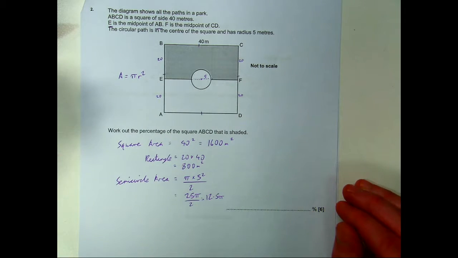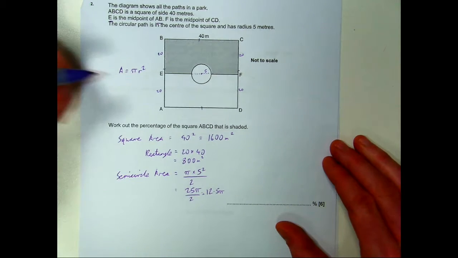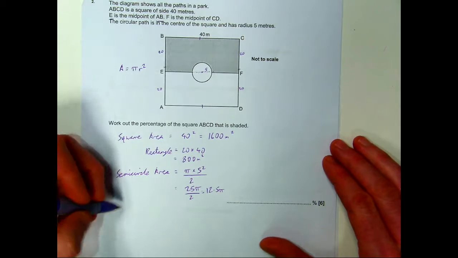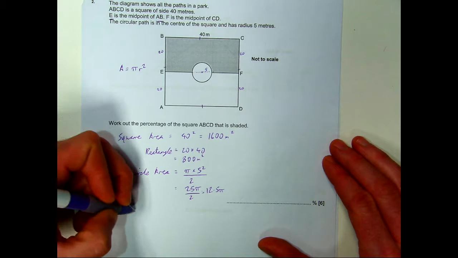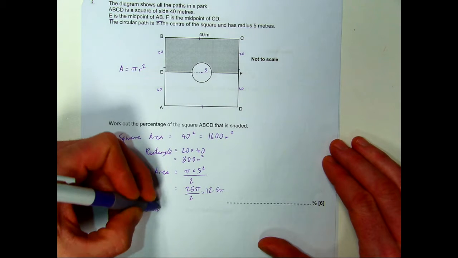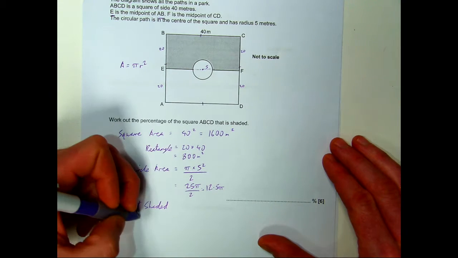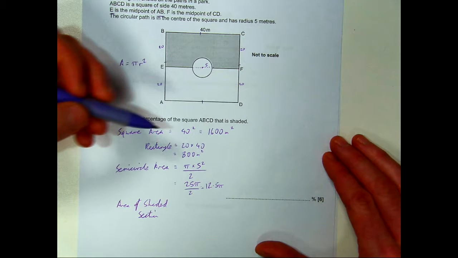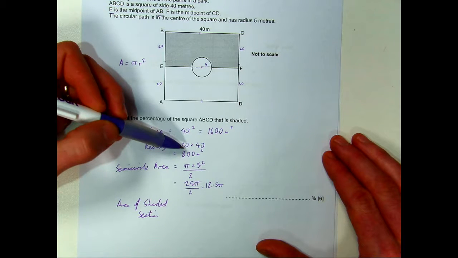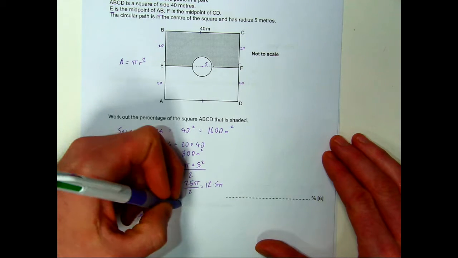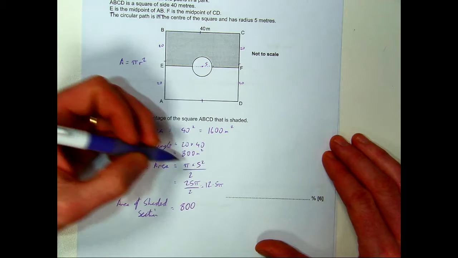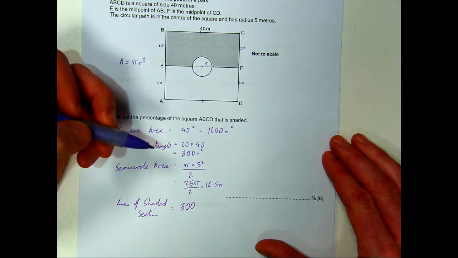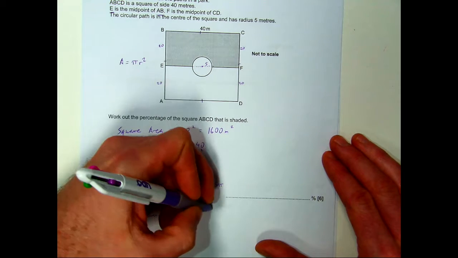Okay, so what's the actual area of the shaded section? Well, what we've got to work out there, we've got the rectangle is 800 minus the semicircle, which is 12.5 pi.